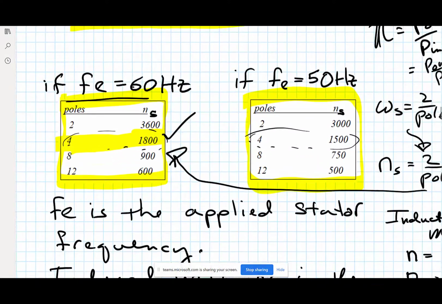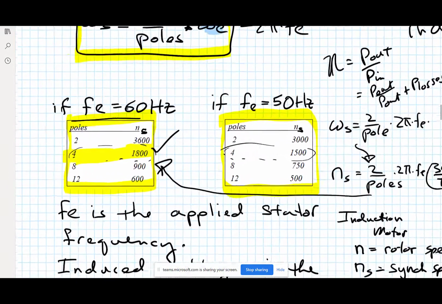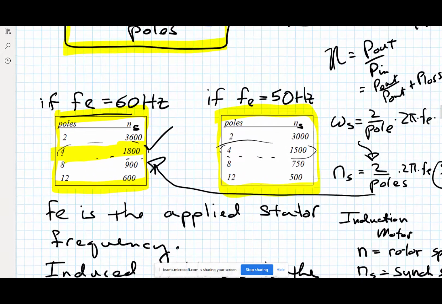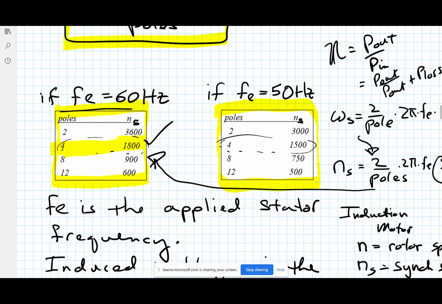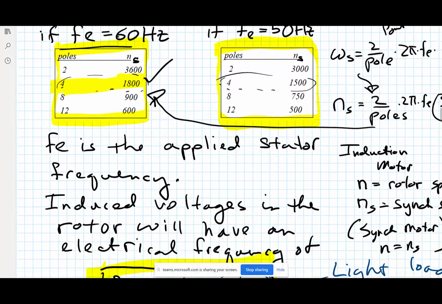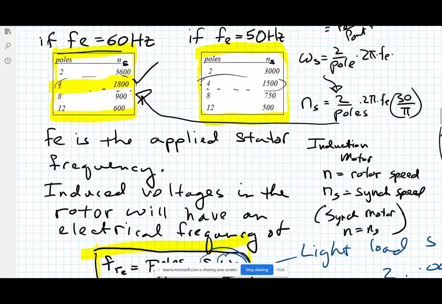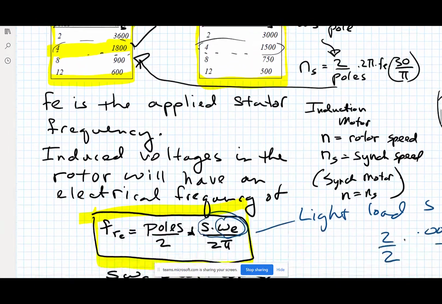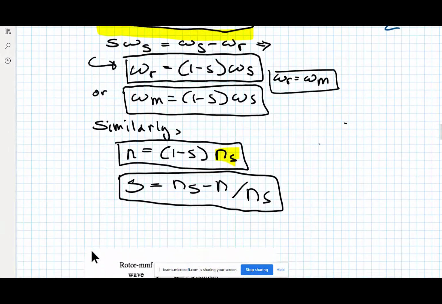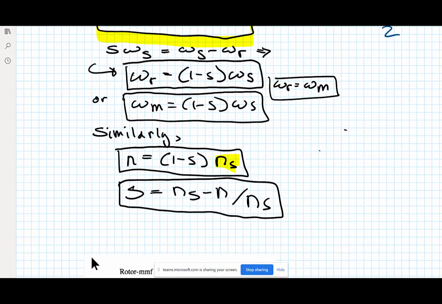Okay, I could have said, hey, you've got a 4-pole machine, 60 hertz. That's an 1800 RPM synchronous speed. And it's got a rated speed of 1790. That's a very common induction motor speed. So I could say, okay, what's the slip?